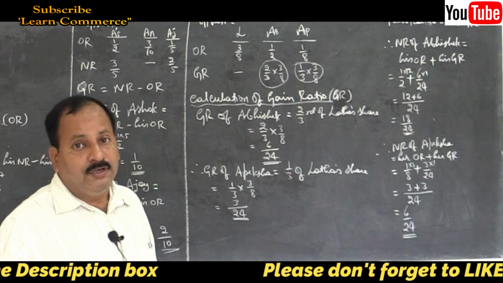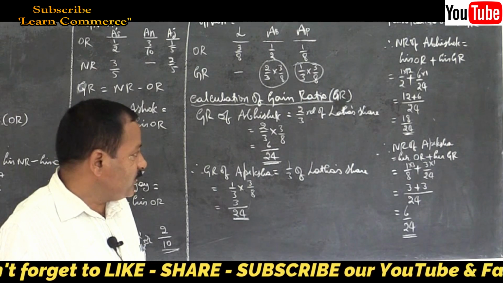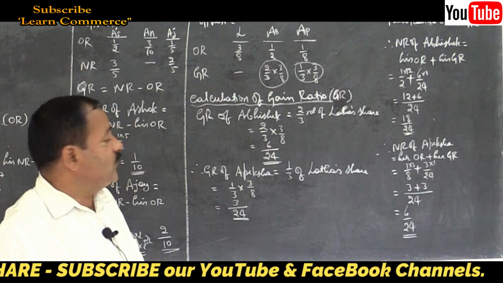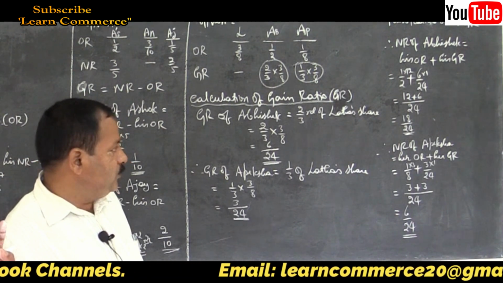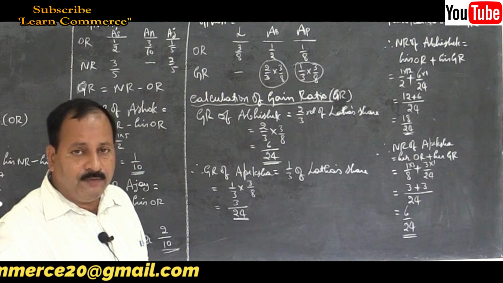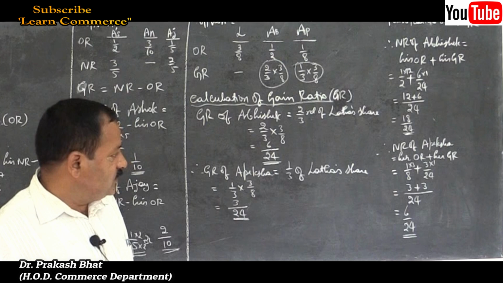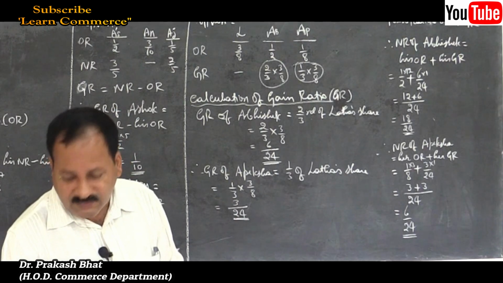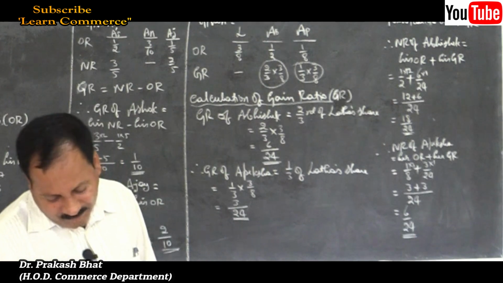Therefore, new ratio of Abhishek to Apeksha is equal to 18 by 24 is to 6 by 24. That's all. So the sixth problem we have solved.